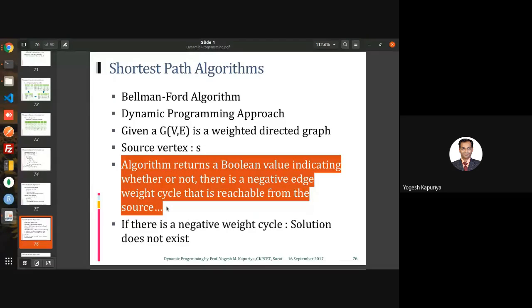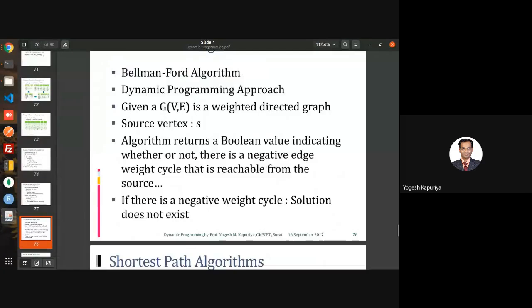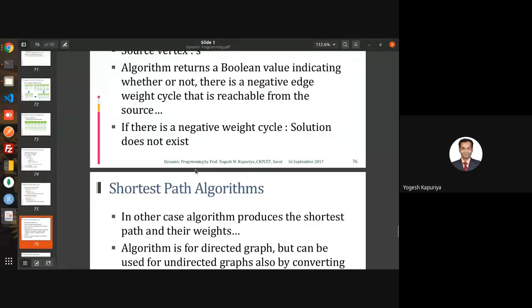So in case it is there, it will simply say that you can't have a shortest distance because there is a negative weight cycle. So a solution does not exist if there is a negative weight cycle. This outcome was not possible in Dijkstra's approach. So let us go further.